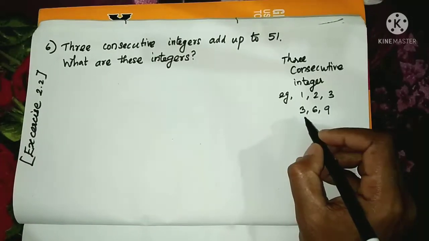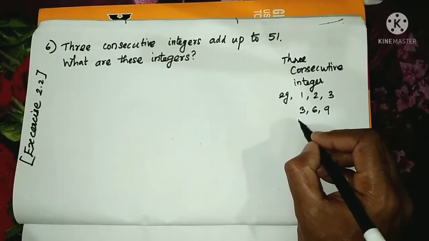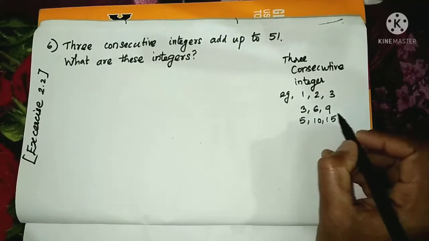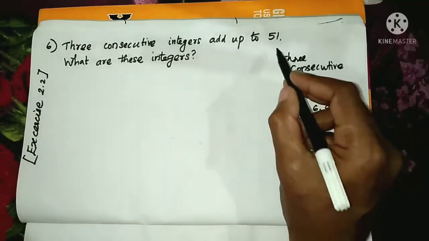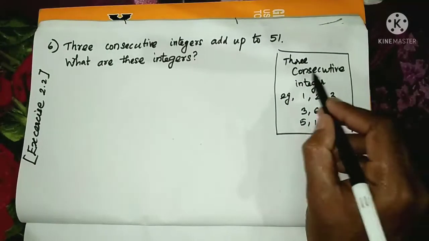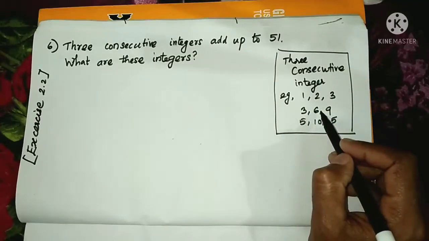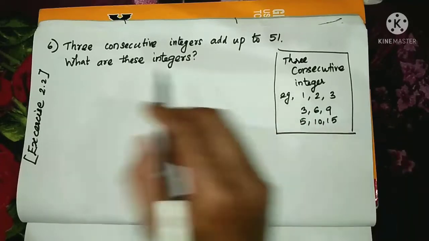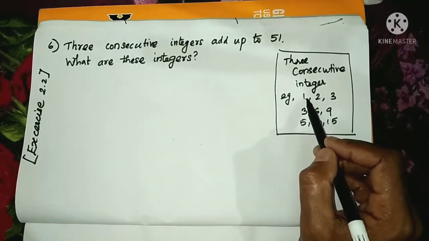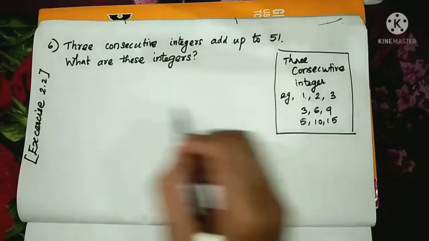Three consecutive multiples of 5 means 5, 10, 15, like that, very close numbers. I hope you understood what is meant by the word consecutive. It is the very next multiple of a given number. So here they are saying three consecutive integers, which means multiples of 1.